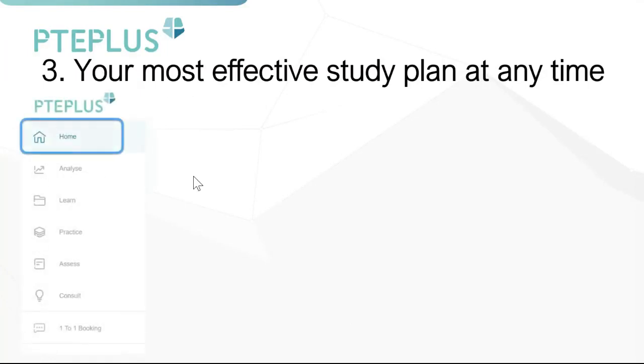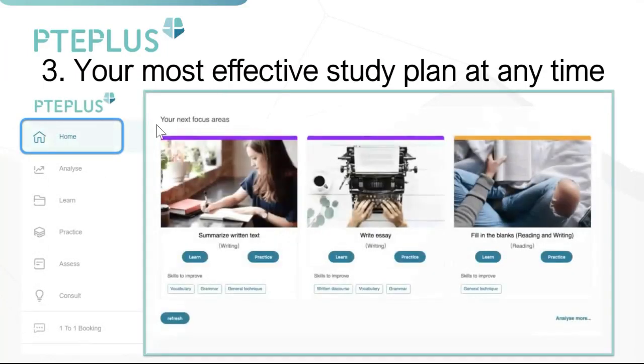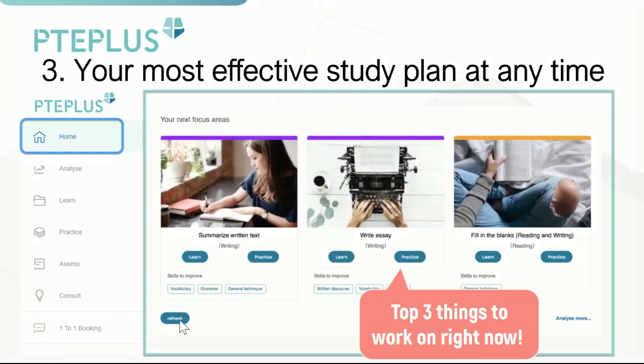So in the home section, you will see your next focus areas. And what this does is that it is 24/7 analyzing your learning and your practice and all the assessments you may have done to recommend the top 3 things you need to be working on the most right now in order to gain the most uplift in your scores.